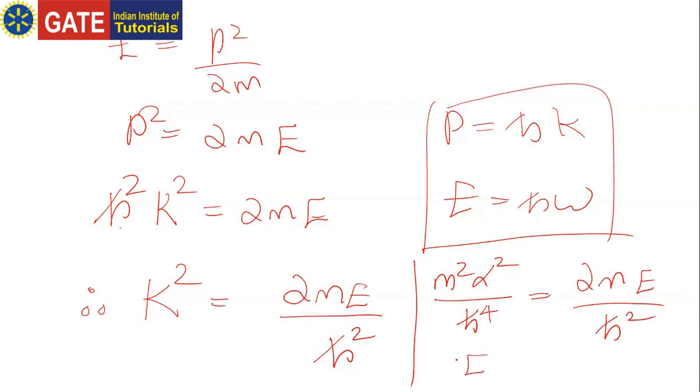From this, E is equal to m alpha square divided by 2 h cross square. Nothing, please remember the k value. According to the question, you can rearrange the values.